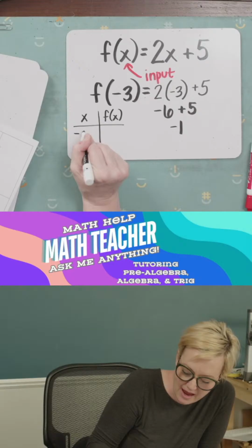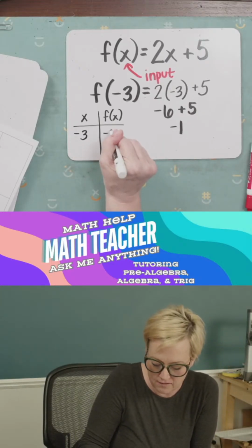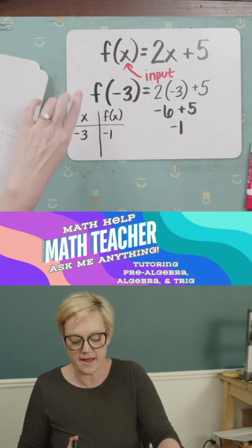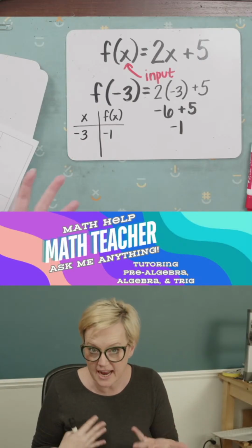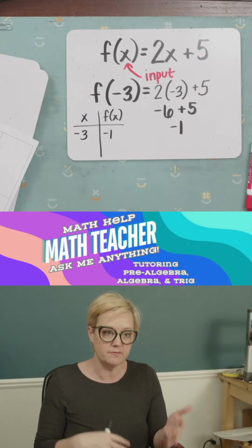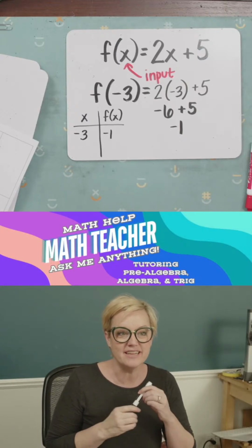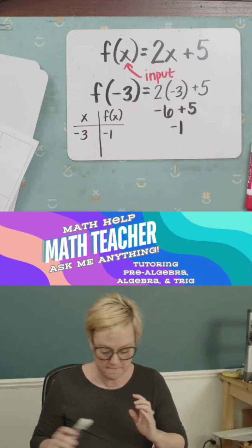So in this case, when x is -3, my f of x or my y is -1. So function notation can be really handy to deal with lots of different functions, putting some functions together, combining these things and all of that. But I basically just straight substitute that in, okay?